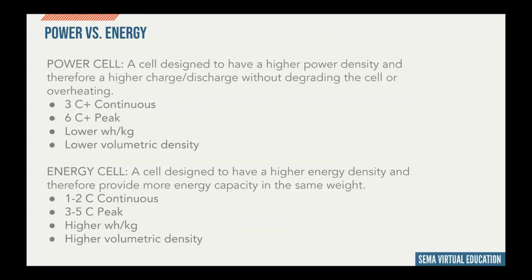Digging a little bit deeper on whether the battery pack is going to be used as an energy pack or a power pack is ultimately defined by whether the cell is a power cell or an energy cell. These are some basic metrics that can be looked at to define that. Now, the holy grail is to have a cell that is both power dense and energy dense.